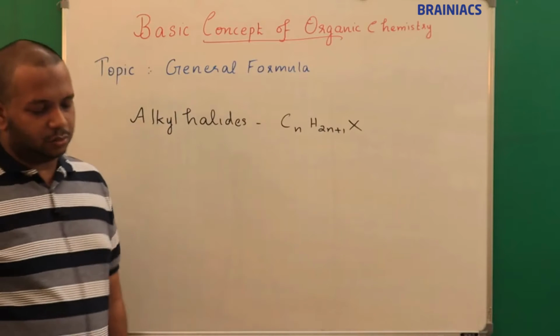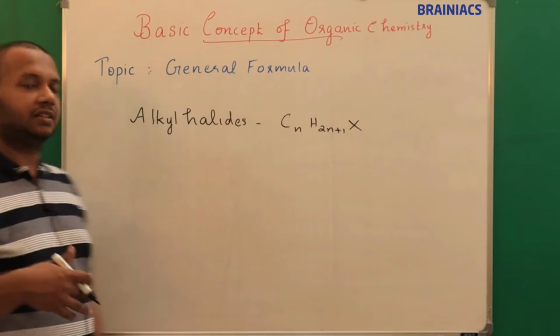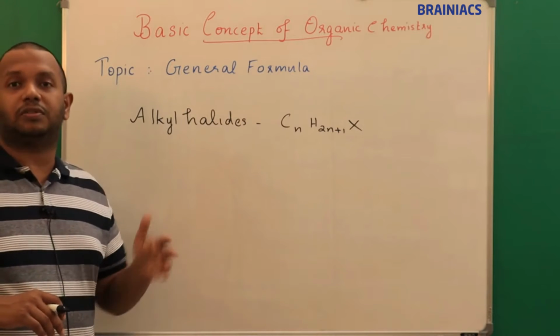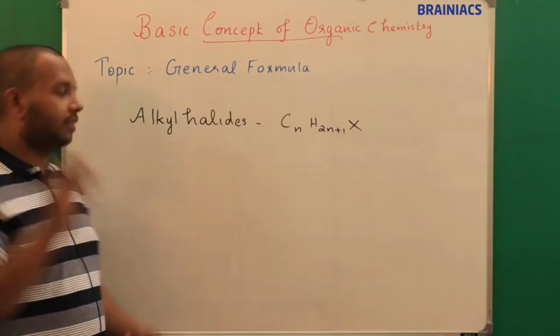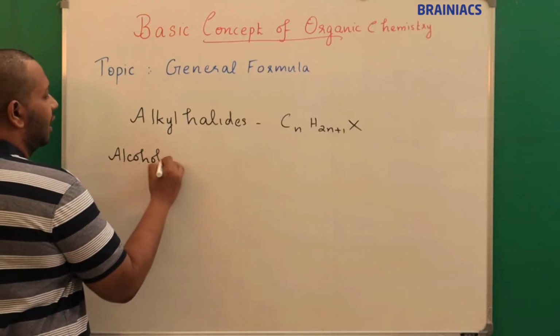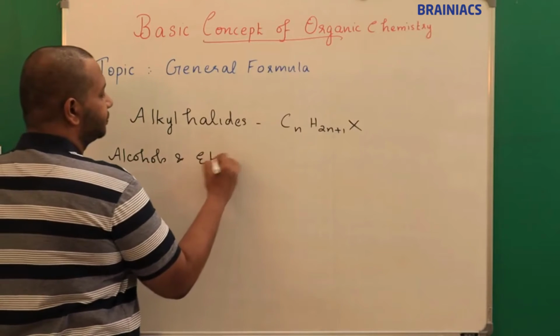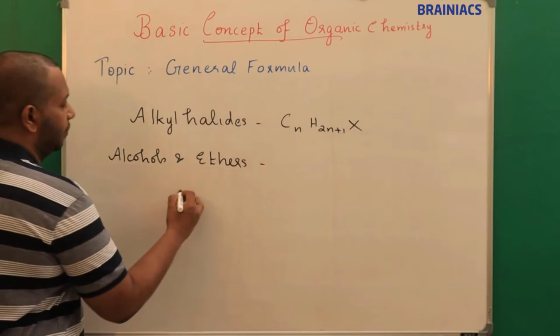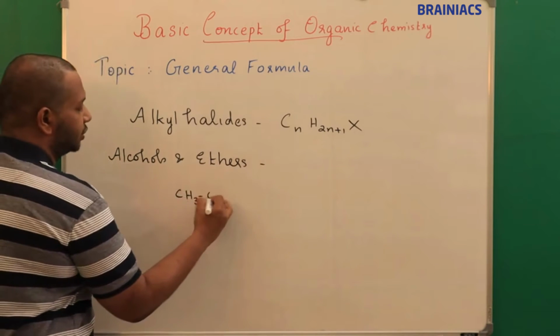Now let's see the next one, that is alcohols and ethers. Both have the same general formula. You know that alcohols and ethers are functional group isomers. Let's see. So how will you derive it again? Let's write a simple alcohol, CH3OH.